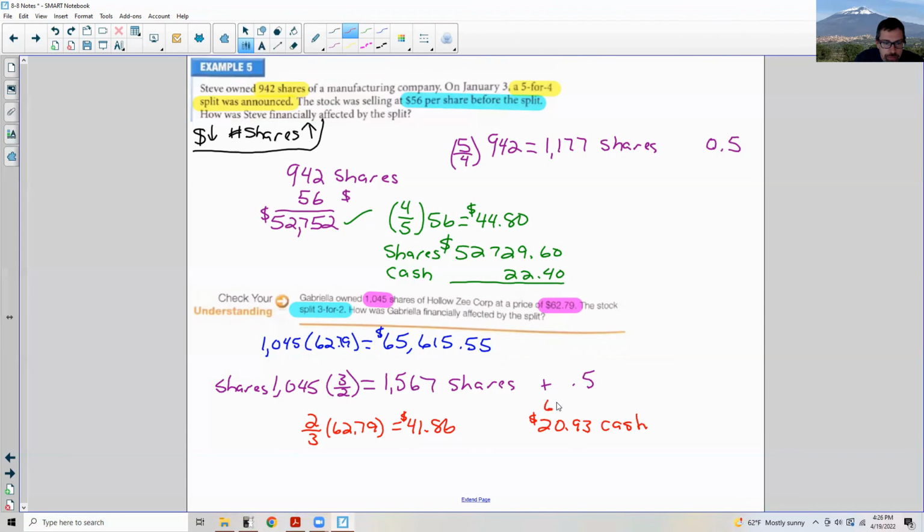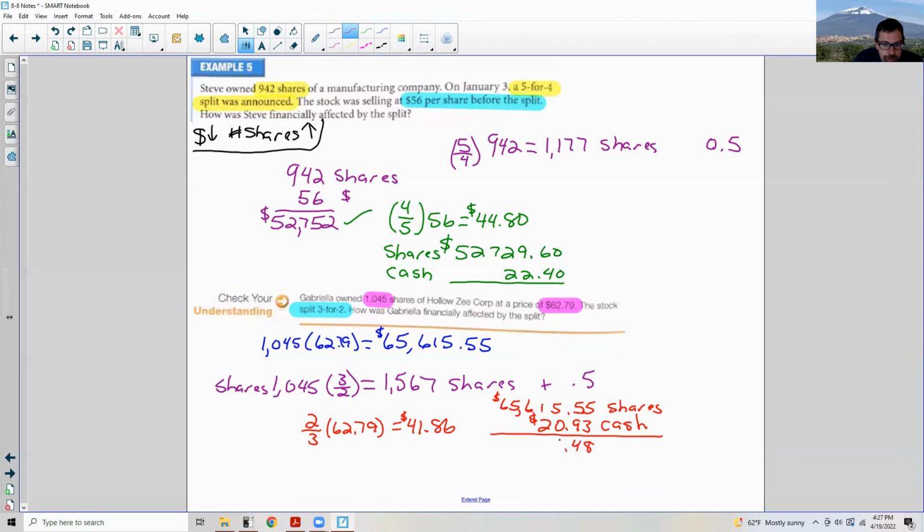And she's going to have $65,615.55 in stocks. Oops, I better line up the dollar values. She has $65,615.55 in shares, and she has $20.93 in cash for that half a share.